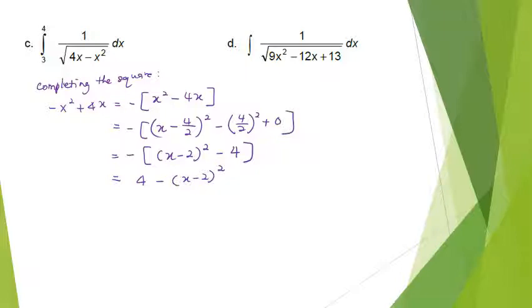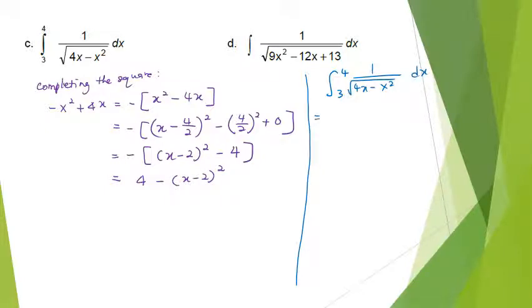Okay, and then masuk dalam our integration form. Masuk dalam integration form kita. Integrate from 3 to 4, 1 over square root of 4x minus x square dx.